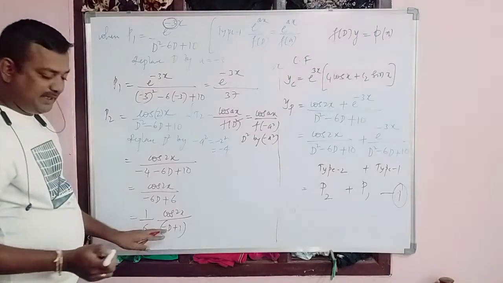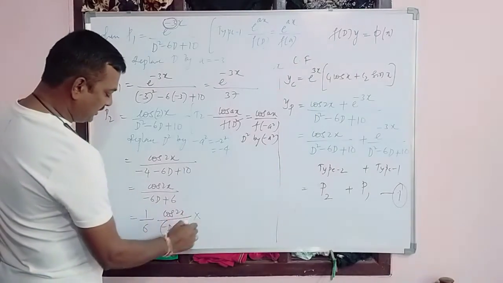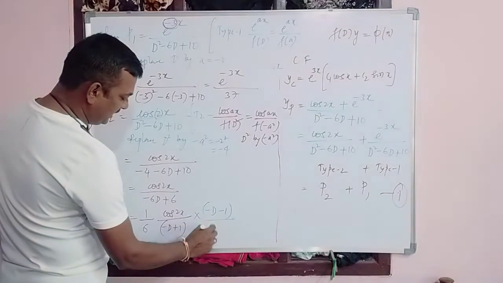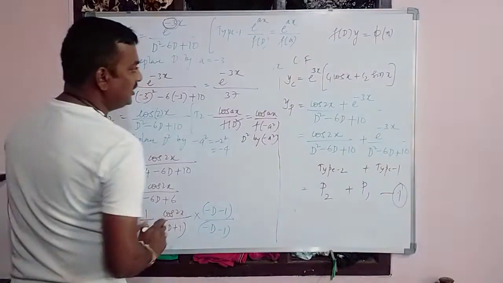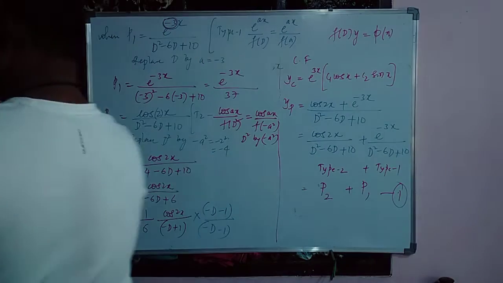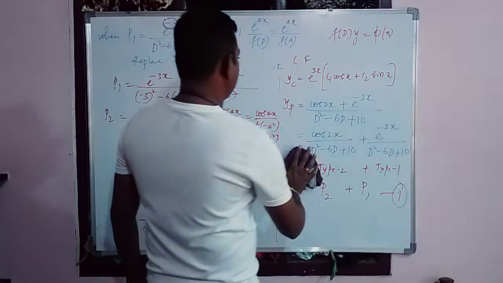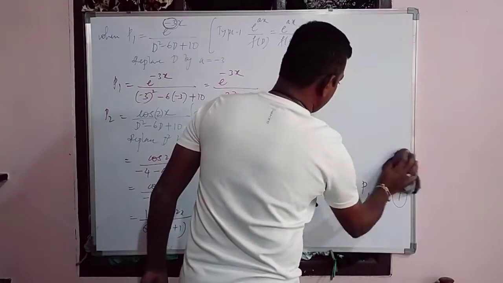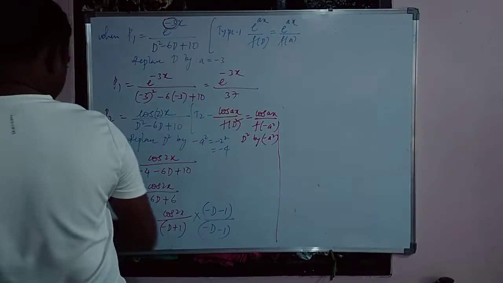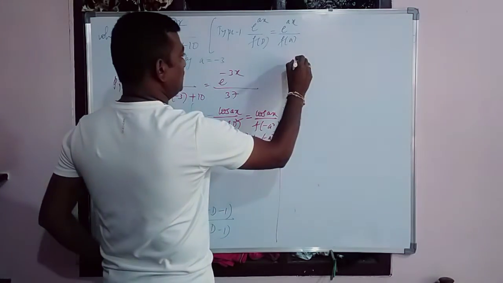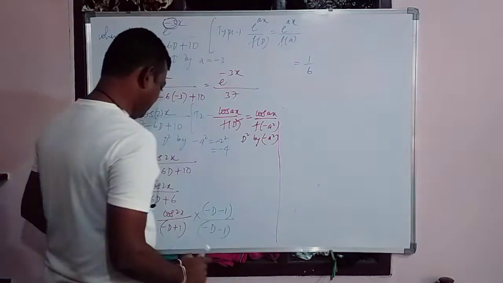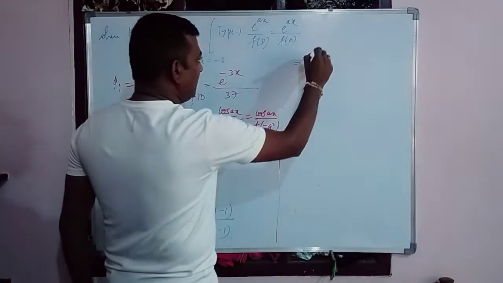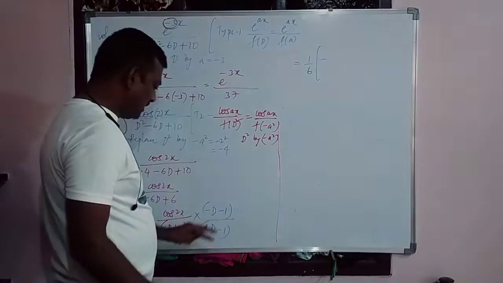So again D appears in the denominator. What do we need to do? We are going to rationalize, multiplying by minus D minus 1. On rationalization, keep 1 by 6 outside. So minus D times cos 2x.